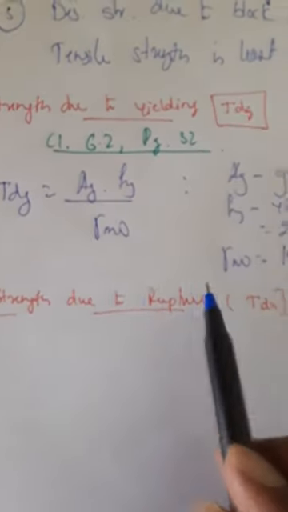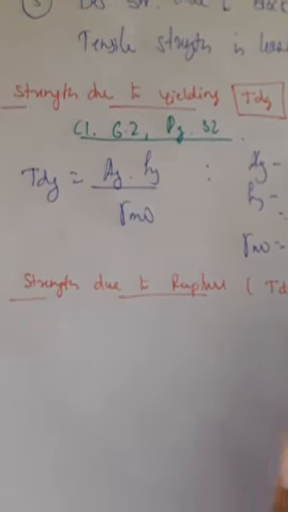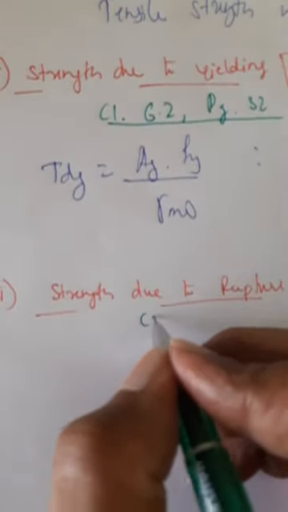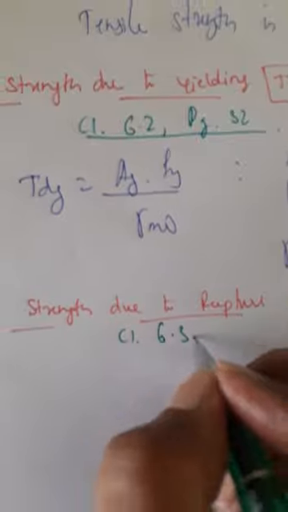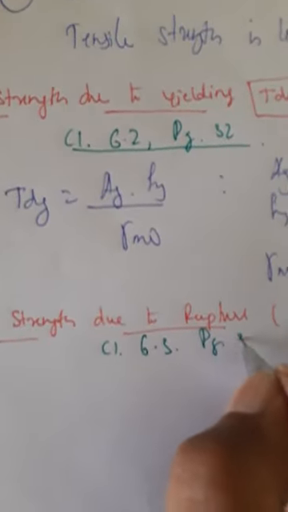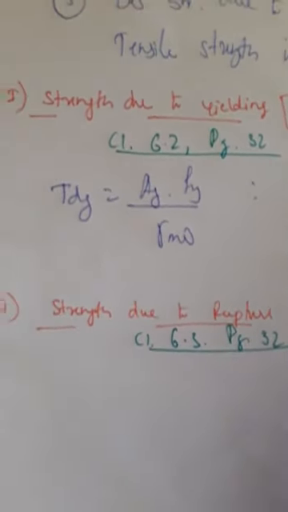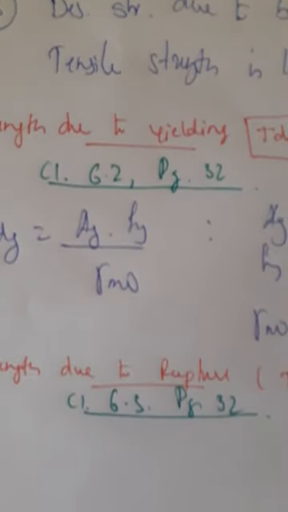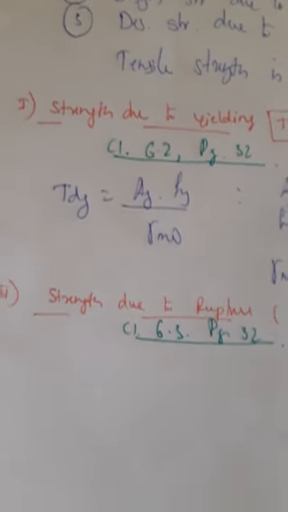The second is strength due to rupture, TDN, given in clause 6.3, page 32 of IS 800. Now for strength due to rupture, there are two cases.